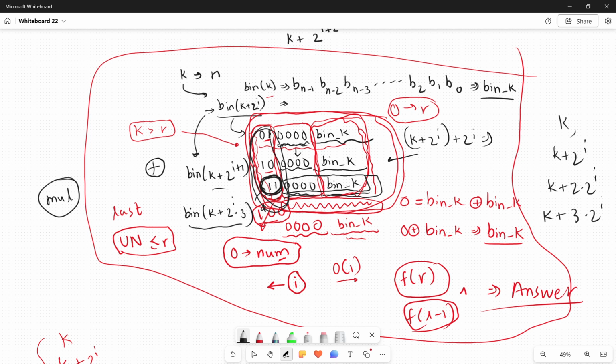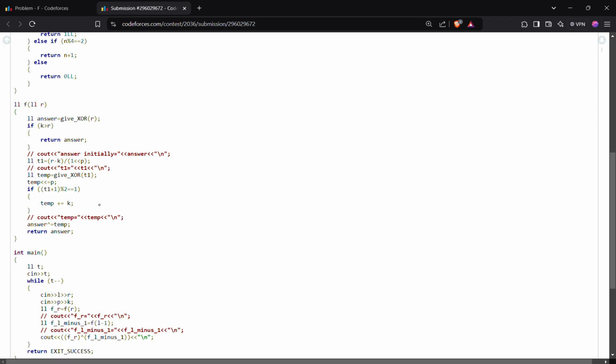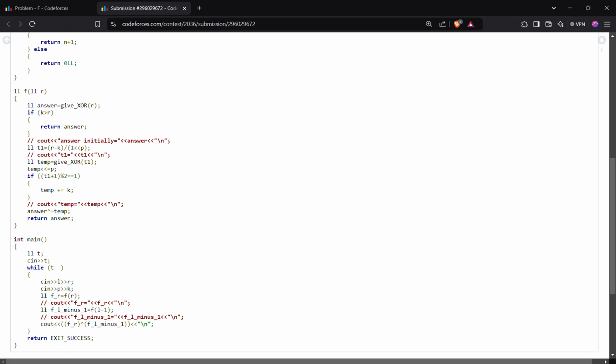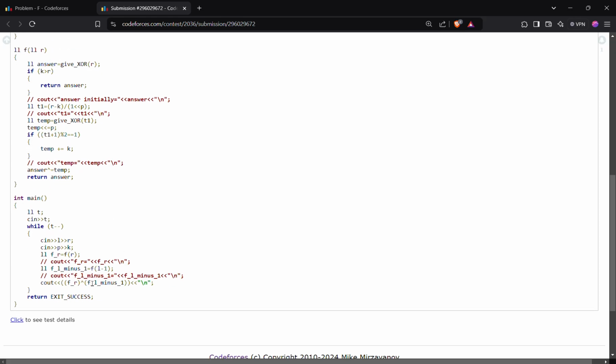If there are even numbers, then you won't take that binary of k. And if there are odd numbers, you will. So that is basically the thing. And finally you will XOR the temp with the answer and return the answer. And finally you will output f of r XOR f of l minus 1.